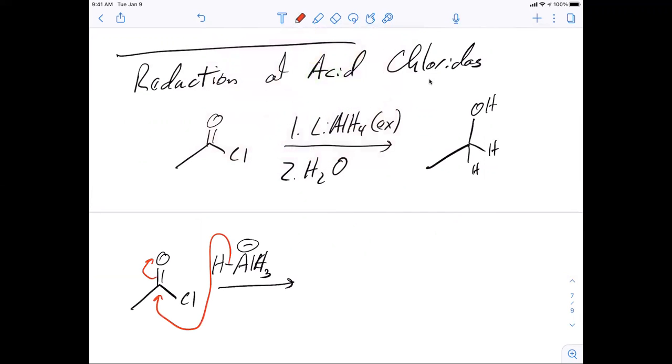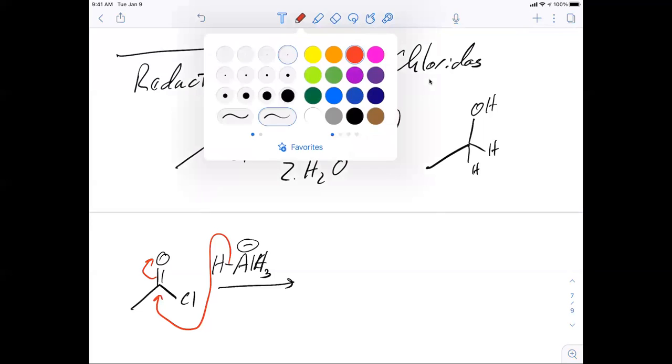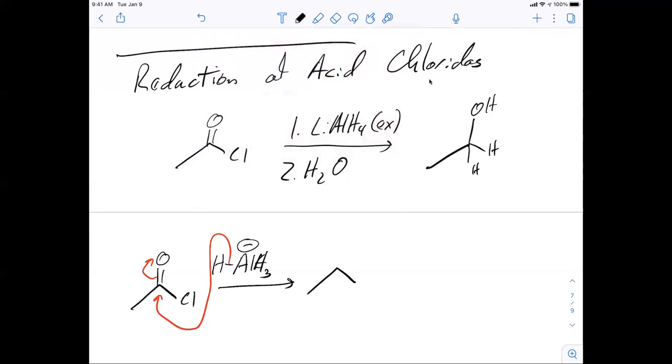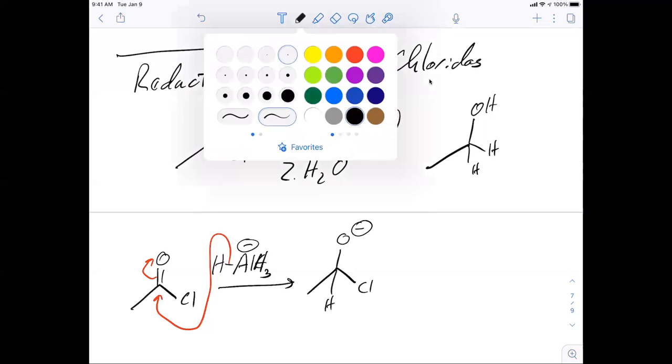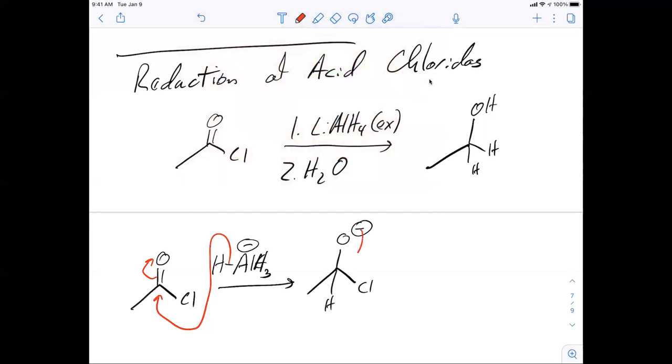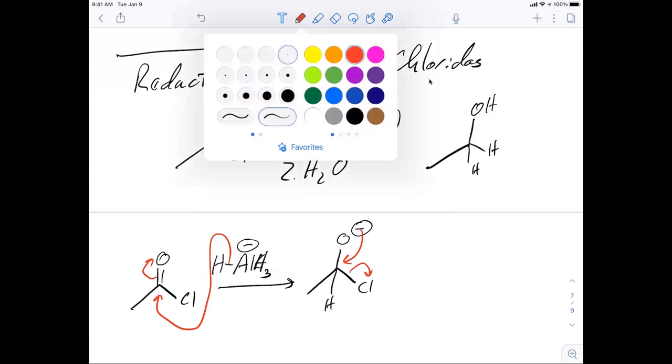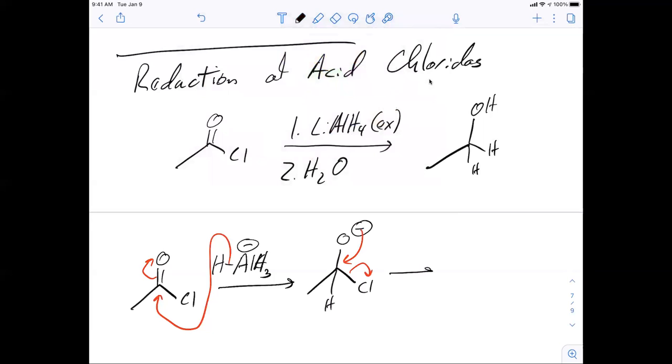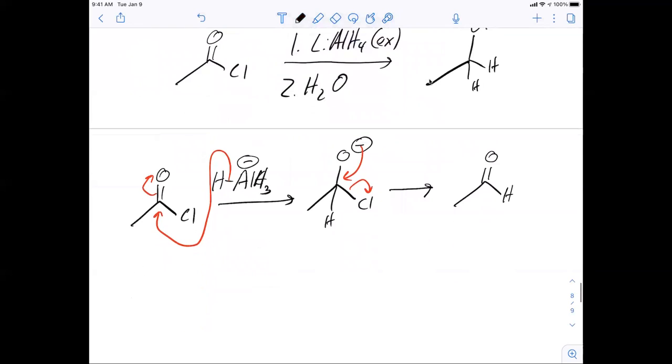So the hydride reacts, right, with the carbonyl, kicks up the pi bond breaks. Now we get this, right? I'm not going to show the aluminum intermediate. Then the oxygen and electrons come down, kick off the chloride. This gives us the aldehyde.